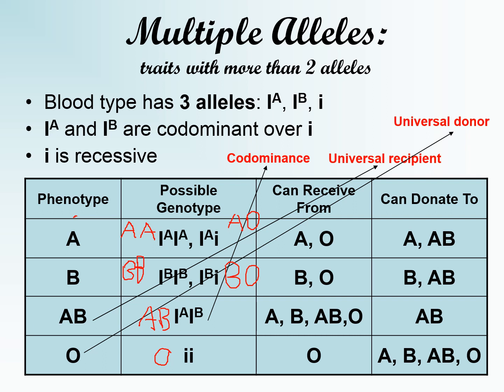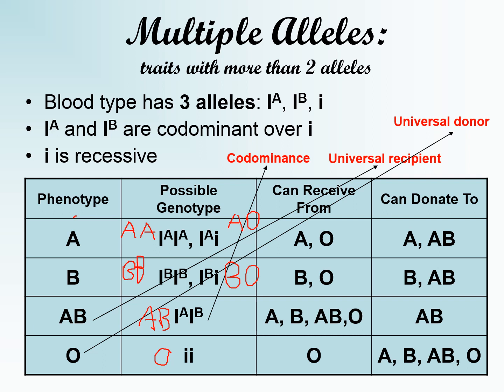Okay, so remember, type AB blood is representing codominance because they're codominant over the recessive little i. The universal recipient is known as type AB blood, and they can receive blood from, because remember, they're going to have an antigen on the surface that will indicate that it's A blood, and an antigen on the surface that will indicate that it's B as well.